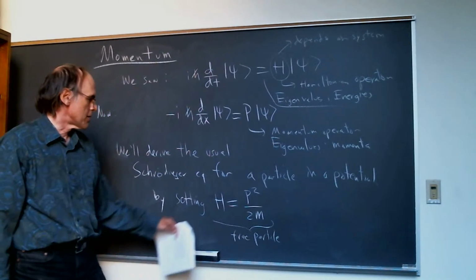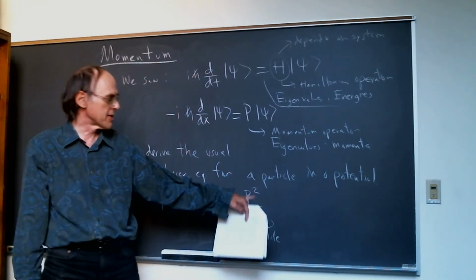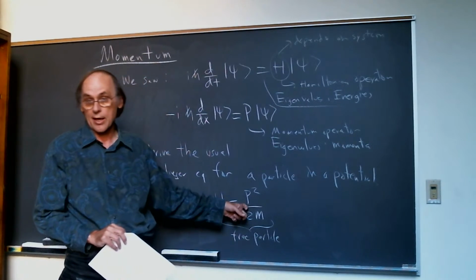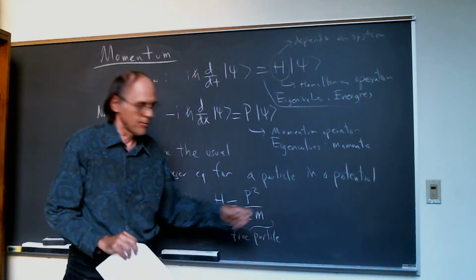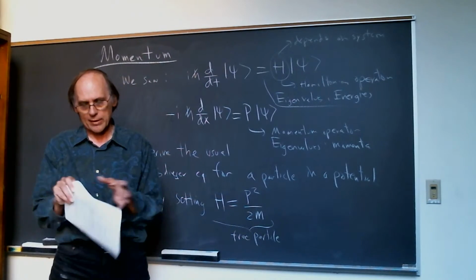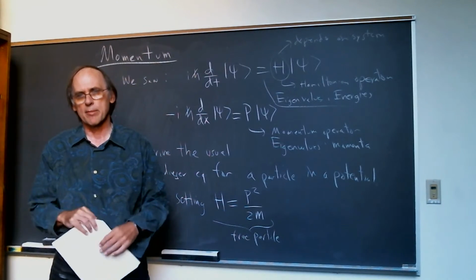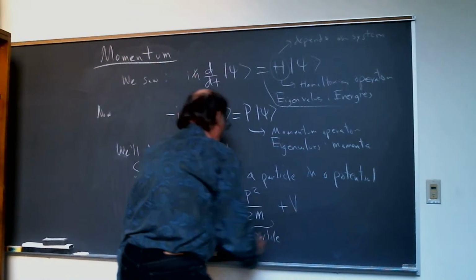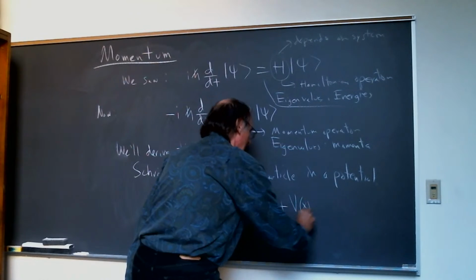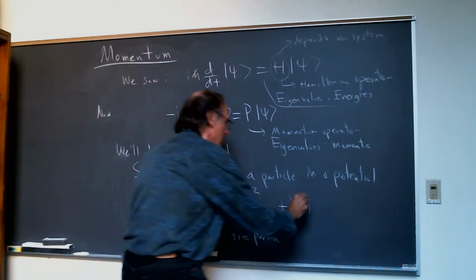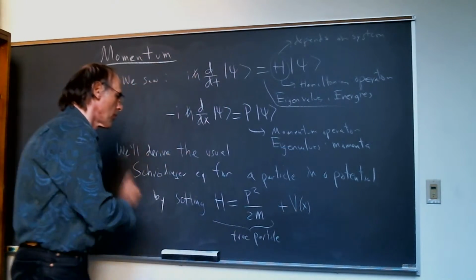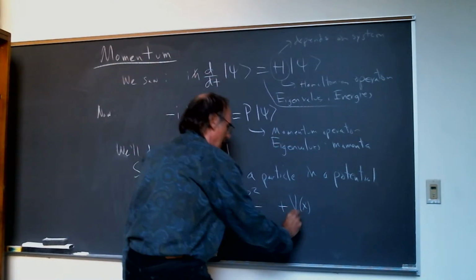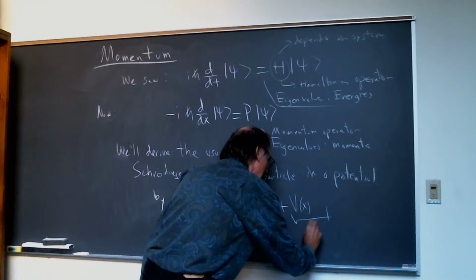And then to make the problem more interesting and more complicated, you can assume that the particle, so this is just the kinetic energy, is actually being affected by some kind of force coming from some kind of potential. And then you just put the potential as part of H. As an operator, this depends on x.